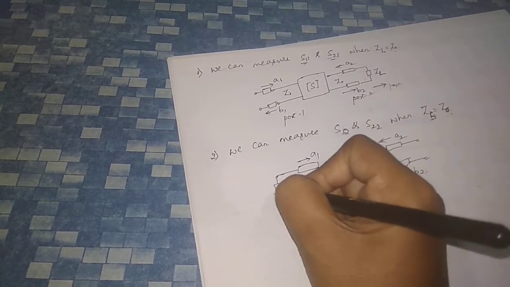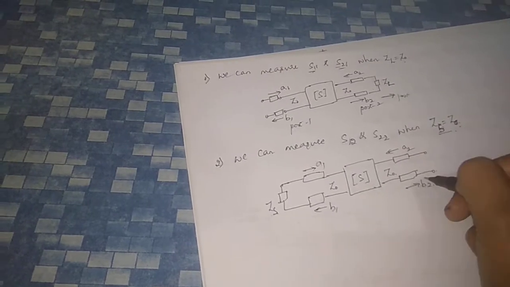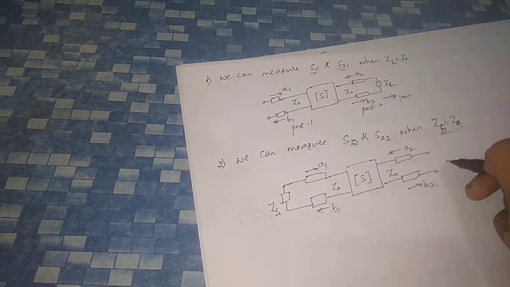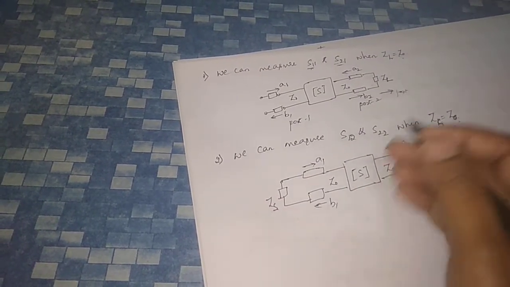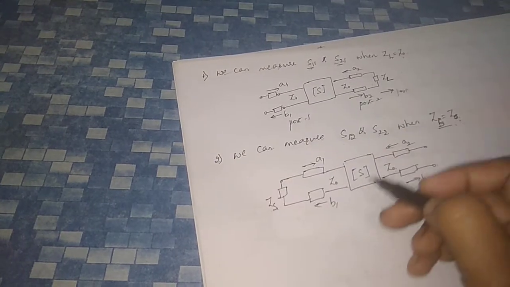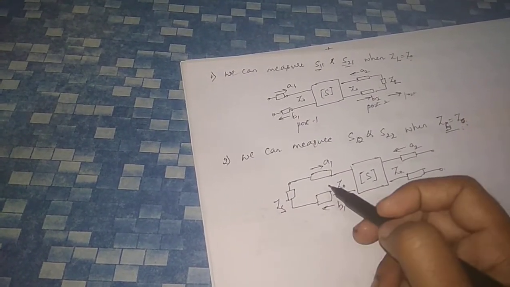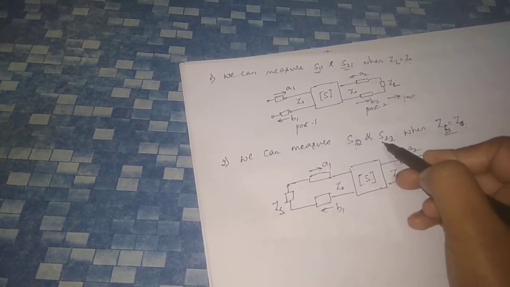This is ZS. When ZS is equal to Z0 and you are not connecting anything at port 2, port 1 is properly terminated. With properly terminated port 1, you can measure the values of S12 and S22.